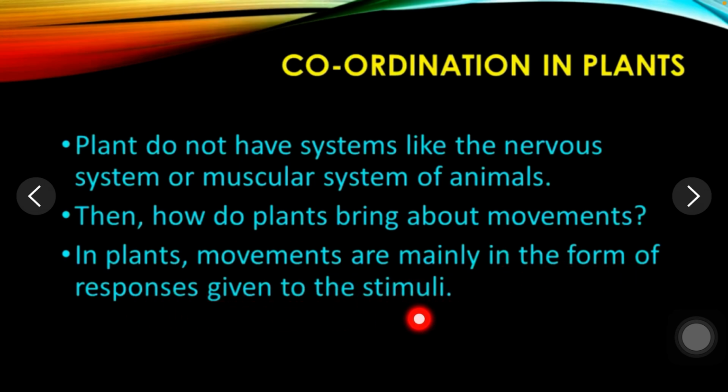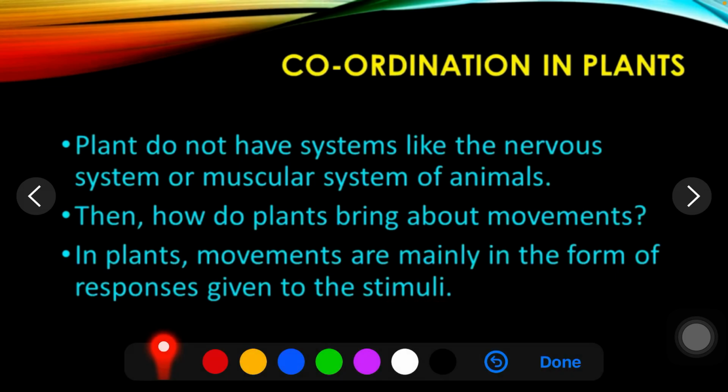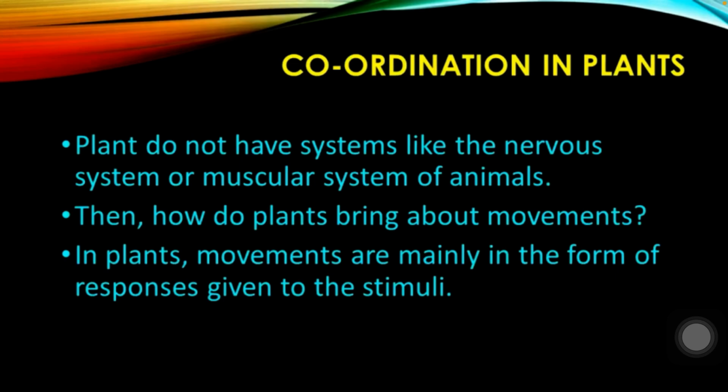Stimuli means messages, provocation from the environment. For example, there may be water, sunlight, etc. From their responses, the movement in the plants occurs. Now we will see some of the types of movement in plants.